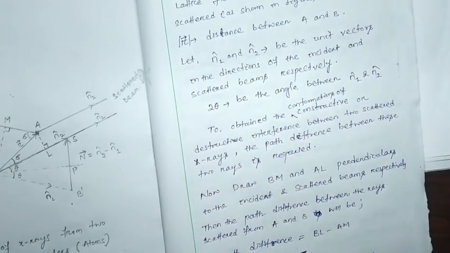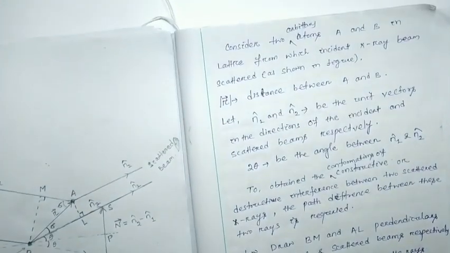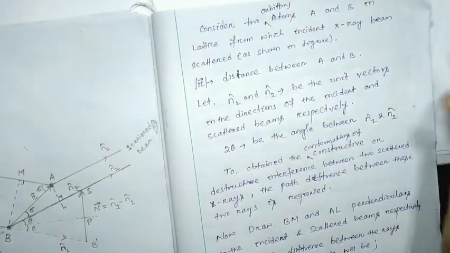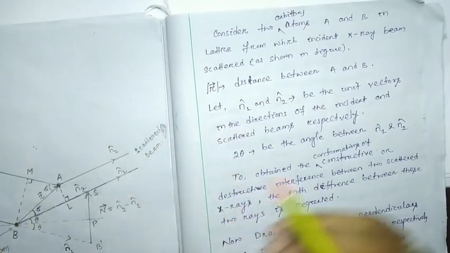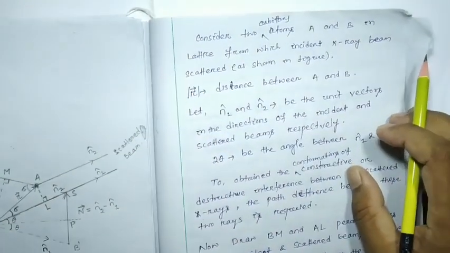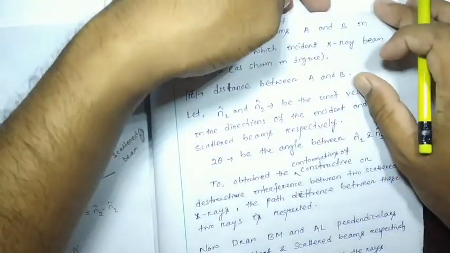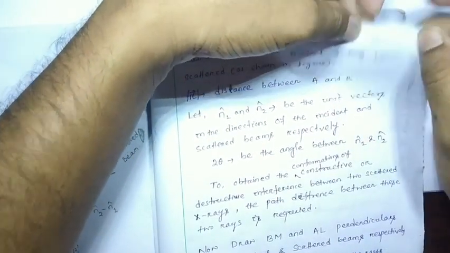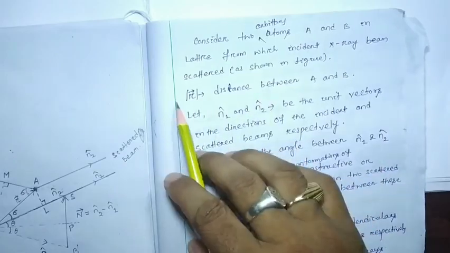Now I am going to explain this writing, the second page writing, with a figure. Okay, consider two arbitrary atoms A and B in the lattice from which incident beams are scattered as shown in the figure. So this is our figure.